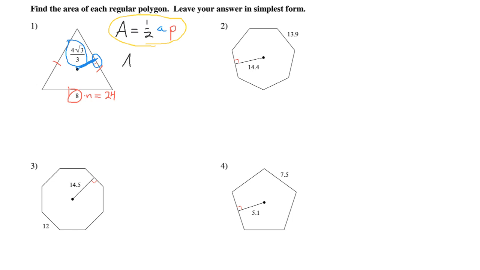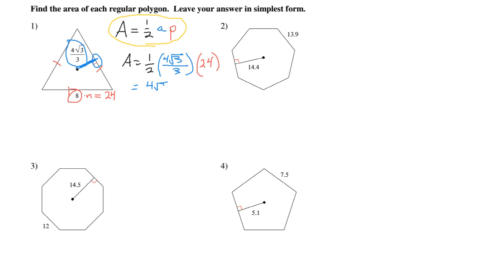So our area formula here becomes 1/2 times A, which is 4√3 over 3, times the perimeter, which we said was 24. Okay, so let's start simplifying this a little bit. The first thing we can do is multiply this half by the 4√3 over 3. We can do top times top, bottom times bottom.